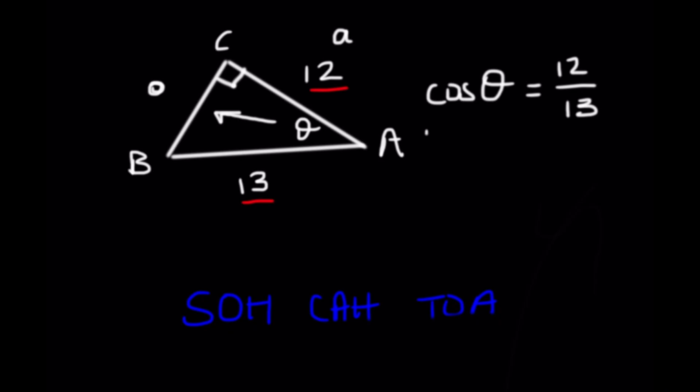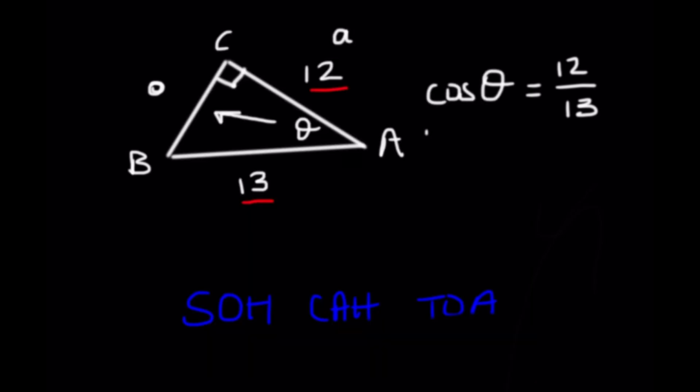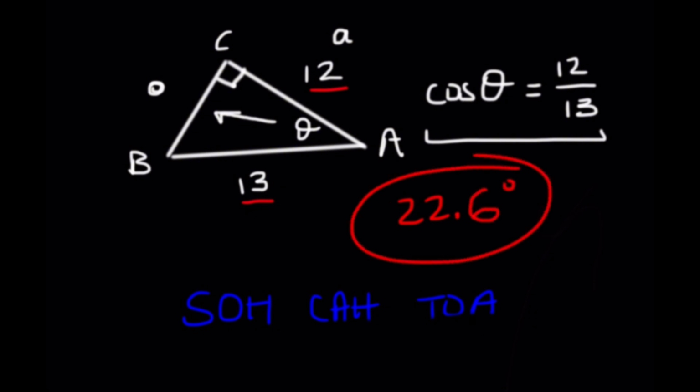On a graphing calculator it should be shift cosine, which gives you the inverse. This should give you the answer 22.6 degrees.